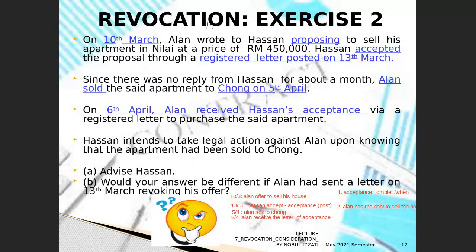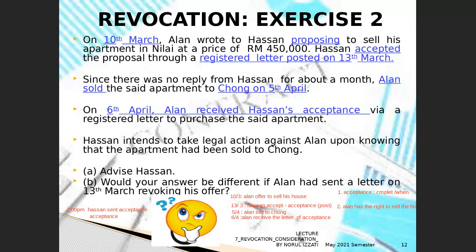Okay, I give you one scenario. Let's say 2 p.m. the same day, Hassan sends the acceptance letter. So at 2 p.m. the acceptance letter is complete.